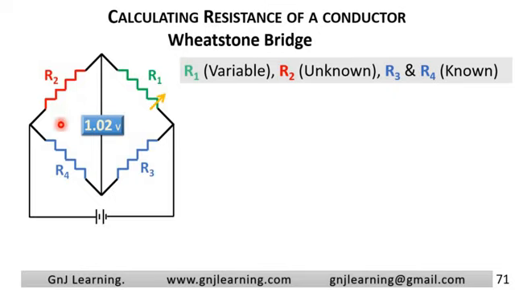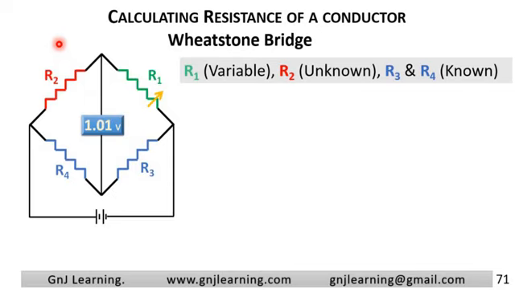In order to find it out, I must first make sure there is no potential difference between the two series connections. Right now there is a voltage difference of 1.02 volt. I am trying to move this knob up to see the difference.